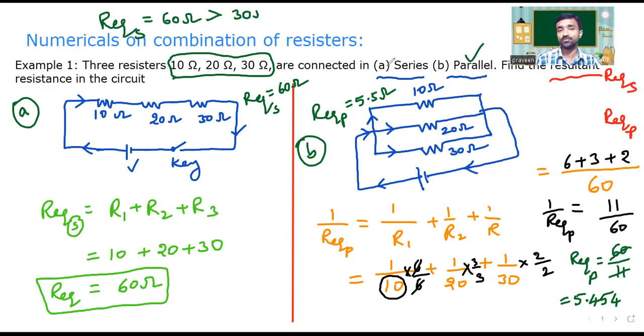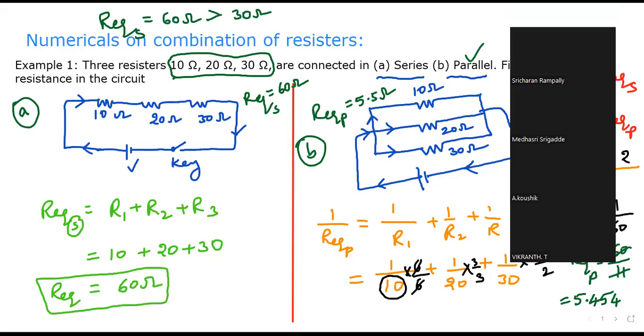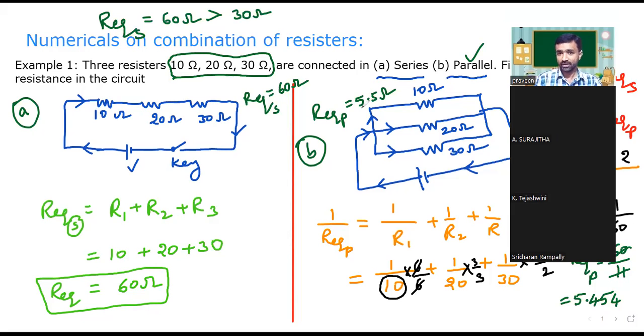Yes or no? Have you got the idea of what I am trying to say? In the series combination, the equivalent or effective resistance in the whole circuit will be greater than the greatest resistance.